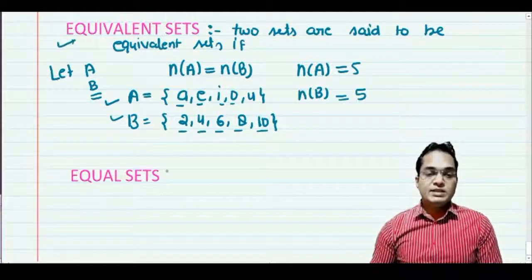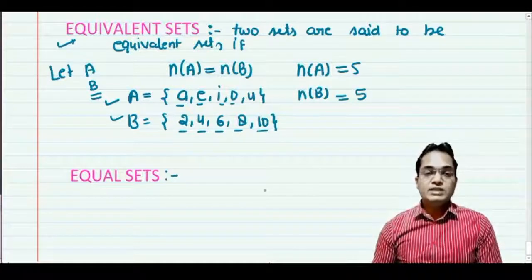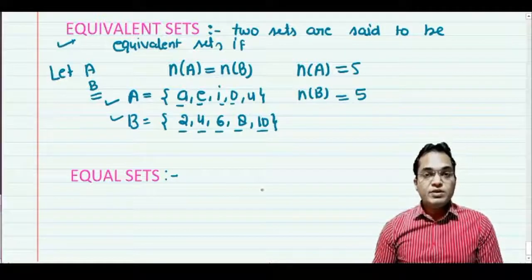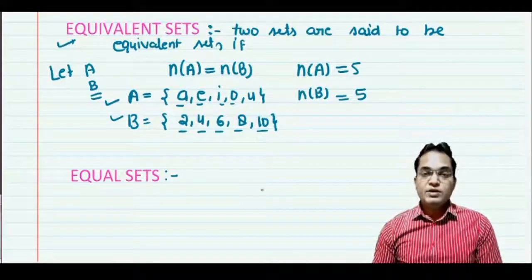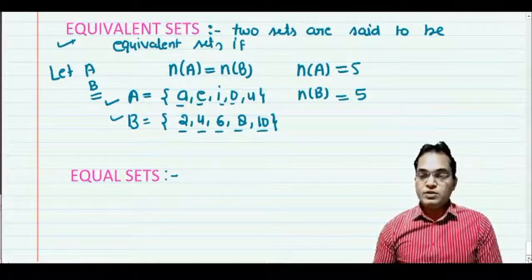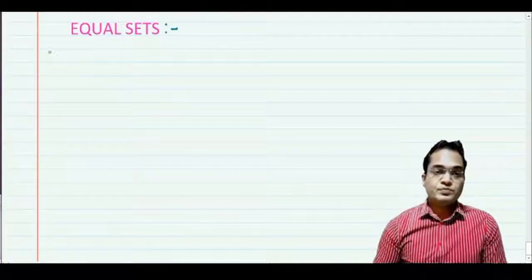Now the second important point, equal sets. Two sets are said to be equal if each and every element of set A is an element of set B. What is the meaning of this? Note it down.